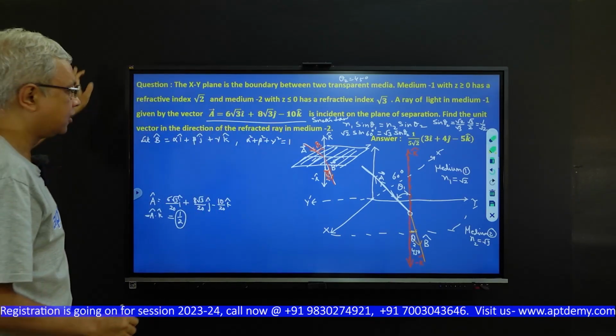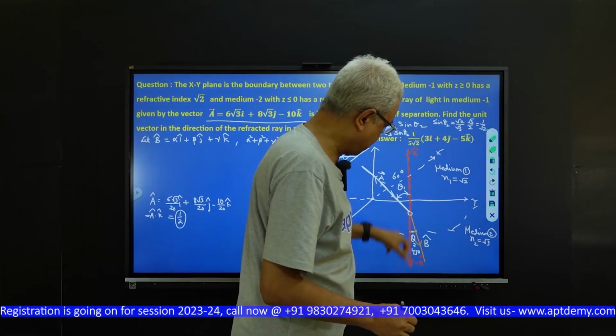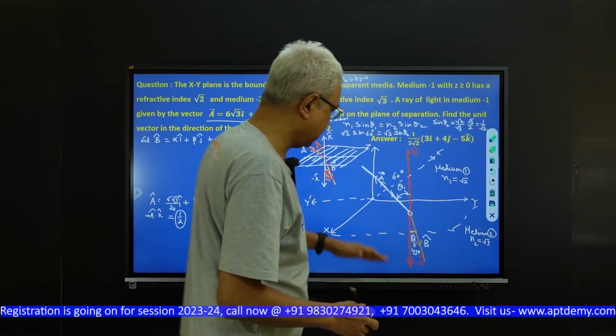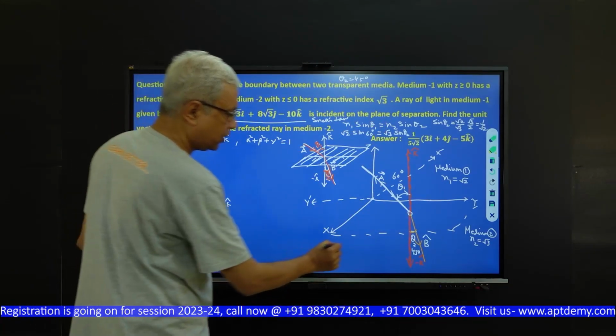Now the unit vector along the normal below the xy plane is minus k cap, that we have already written.